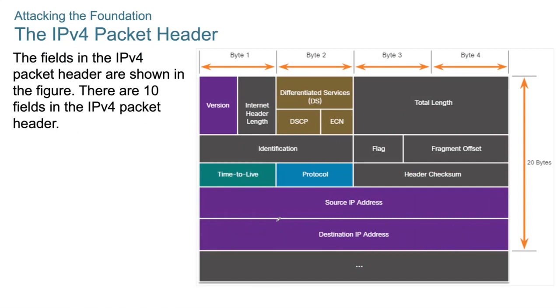In this, 1 byte is used for version purposes and 2 bytes are used for other services. We'll look into these one by one, and 3 bytes are different. In total, there are 10 fields in this IPv4 packet which are used for different service purposes.